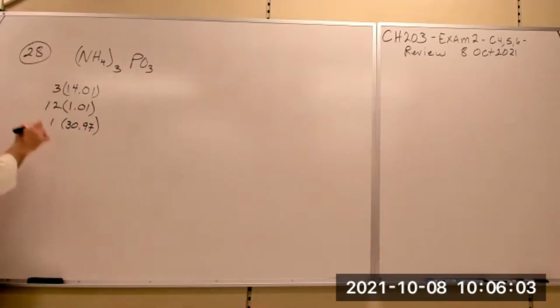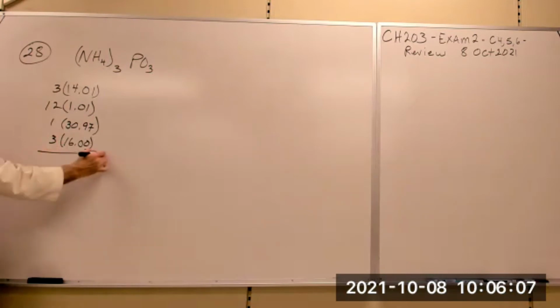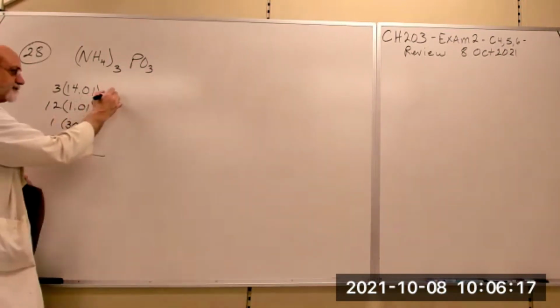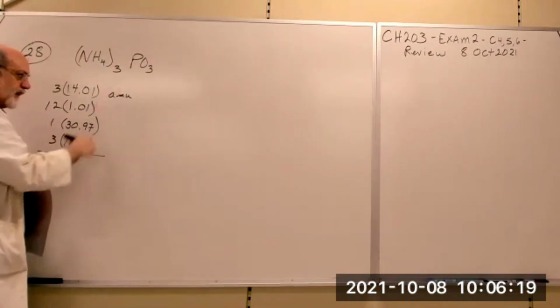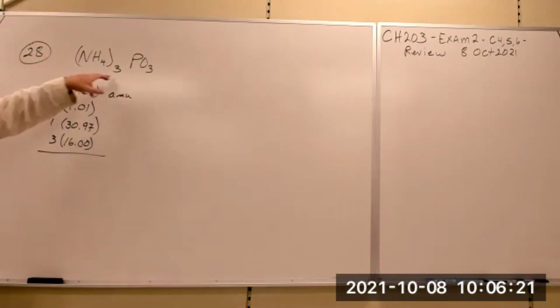Okay, and we have 3 oxygens, 16 each. And you just add those together. And that gives you, if you're in atomic mass units, the number of atomic mass units for that formula.